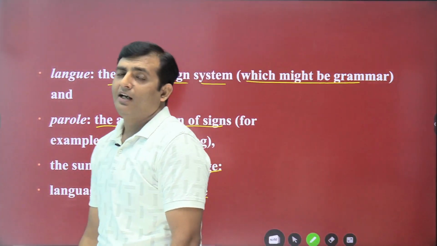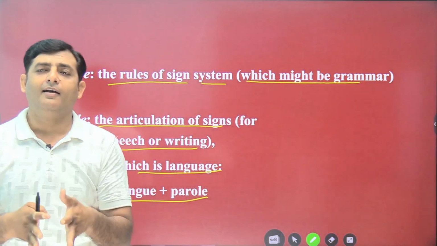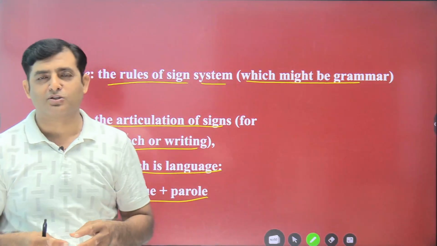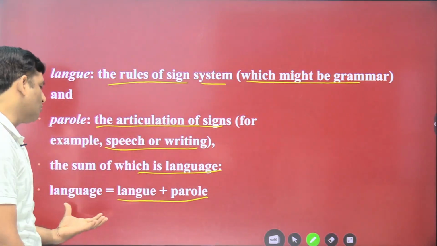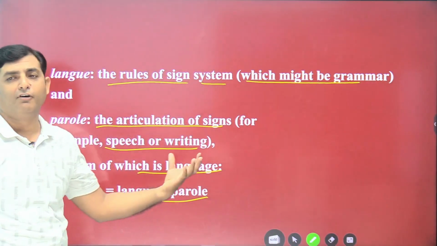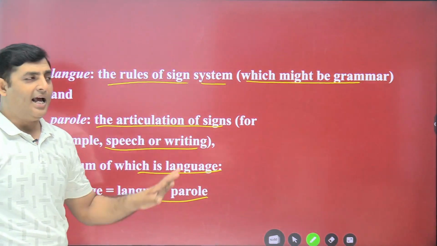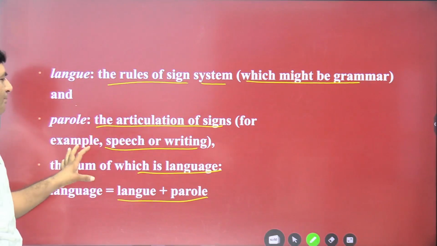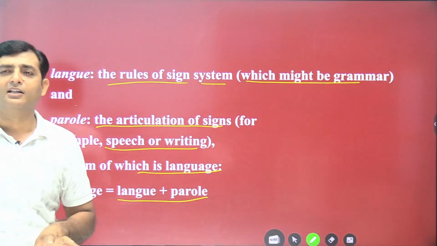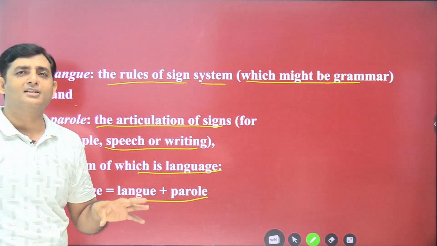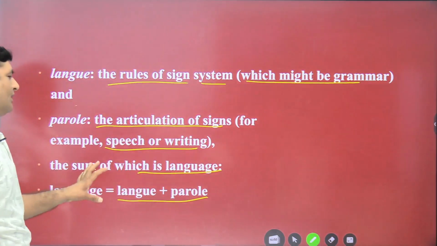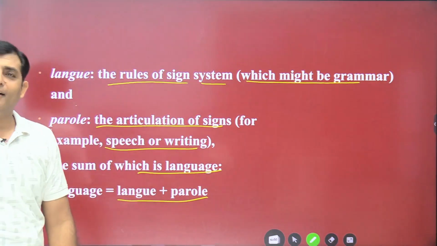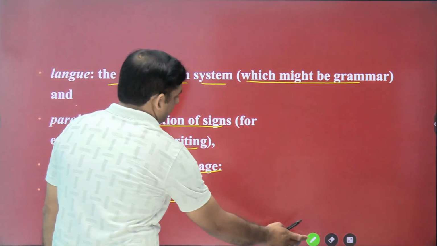Lang plus parole equals language, meaning these two are the components of language. Lang means a system or the rules of signs, and parole means the articulation of signs, for example speech or writing. Alright, next point.